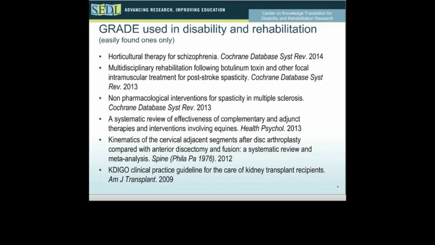Here are some of the ones I found when I combined the full term grading of recommendation, assessment, development, evaluation with the words rehabilitation and disability in Medline.